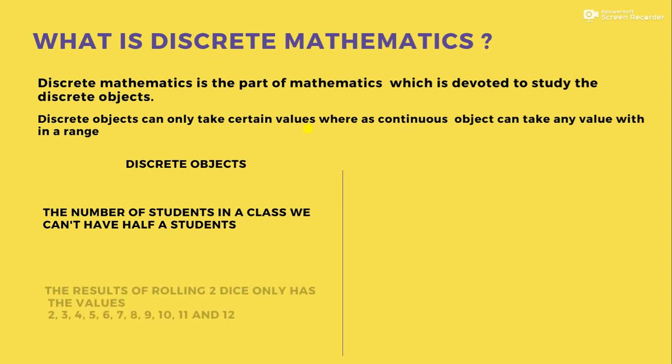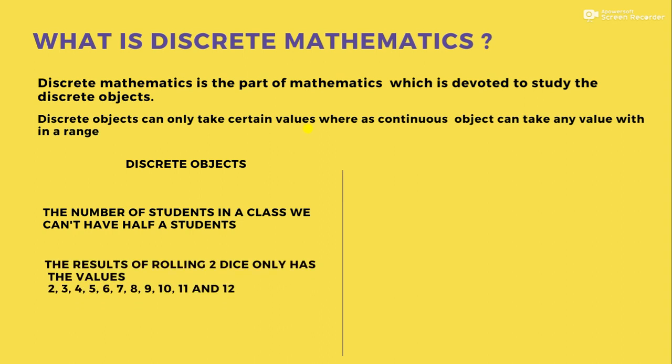Another example of a discrete object is the result of rolling two dice. We can get either 2, 3, 4, 5, 6 up to 12. When we roll two dice, we can get combinations of numbers belonging to the range of 2 to 12, but we can't take a continuous value between 2 and 12.